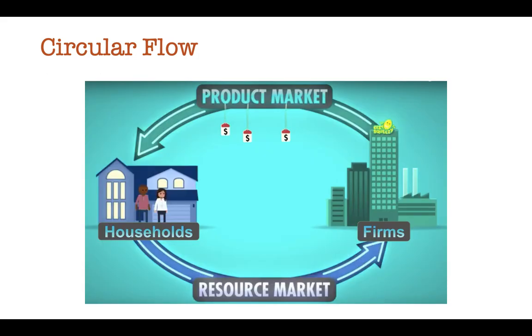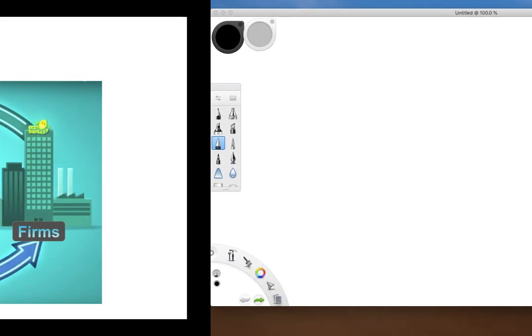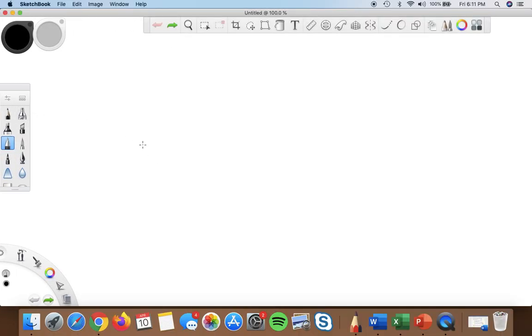So this is an example of your circular flow diagram, and I'm going to add a few layers to this. If you were to sketch this out on your own, some economics professors like you to, you don't have to draw these cute little pictures necessarily, but maybe just simply we could have rectangles representing our two groups of individuals. So maybe this will be my households.